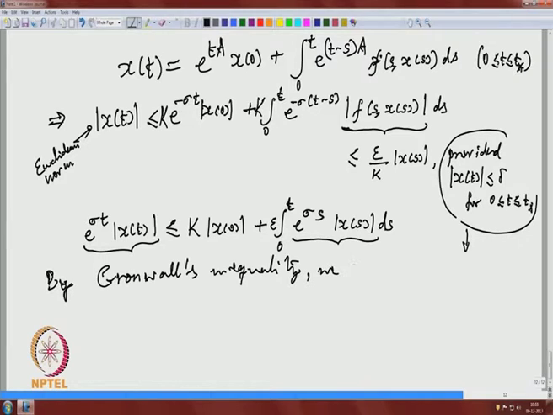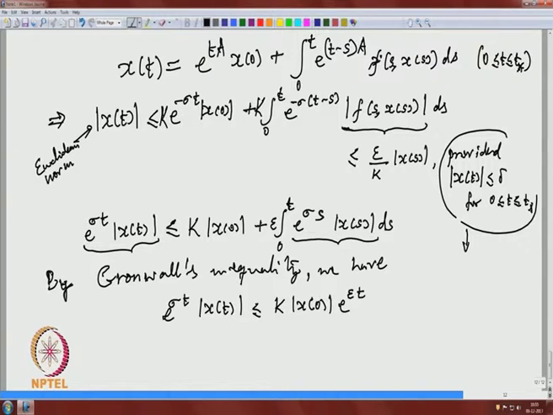We have e to the sigma t x t is less than or equal to k x 0 e to the epsilon t. Okay. So, that epsilon comes there.